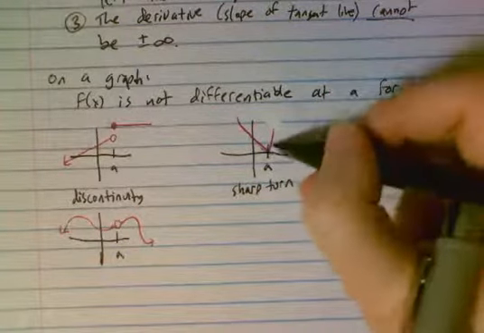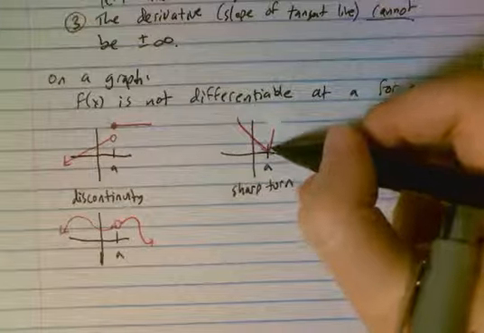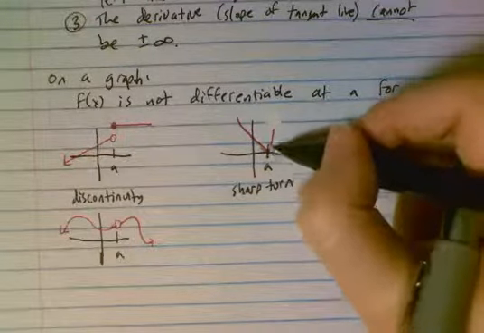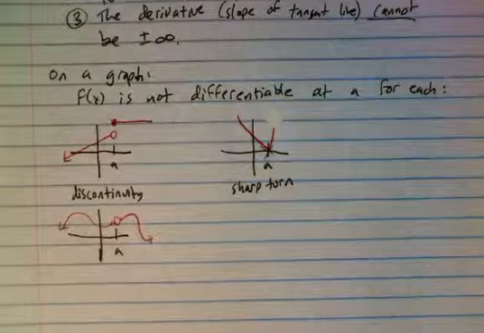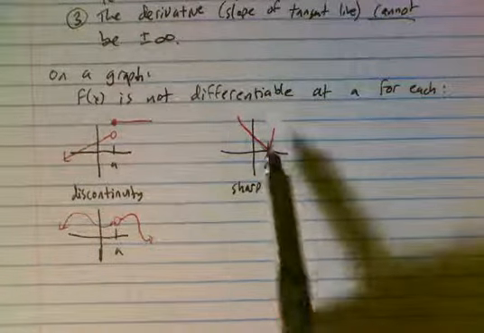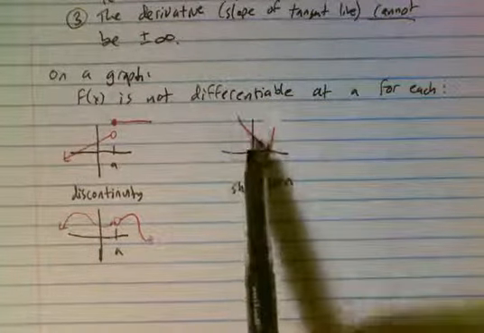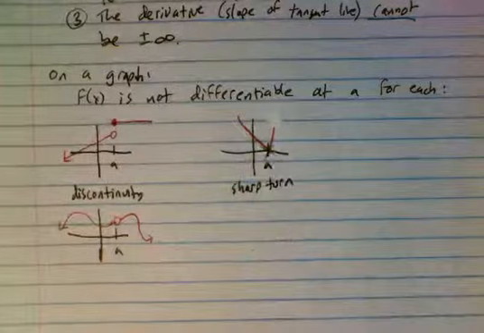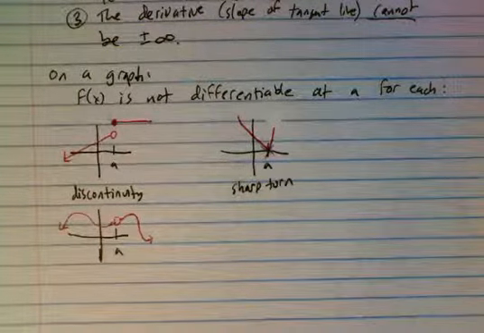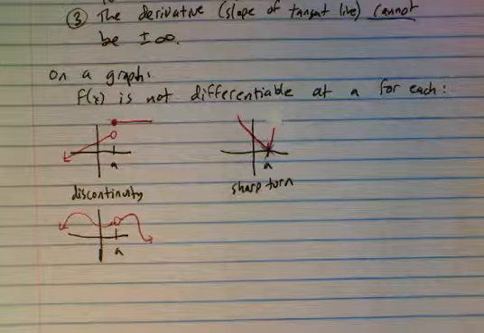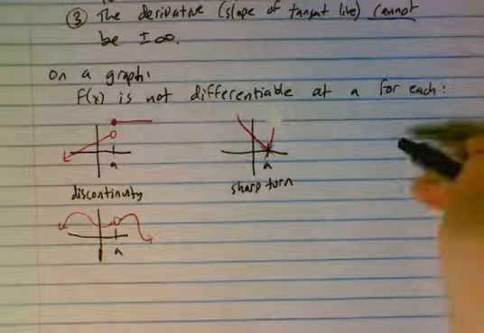But when we come from this side we're drawing tangent lines and it's definitely sloping up while this one's sloping down. And so there isn't a single tangent line that we can draw exactly at A. We can draw a single tangent line over here, we can draw one over here, but not exactly at A. They conflict. The slope of the tangent line coming from one direction is different than the slope of the tangent line coming from the other direction.